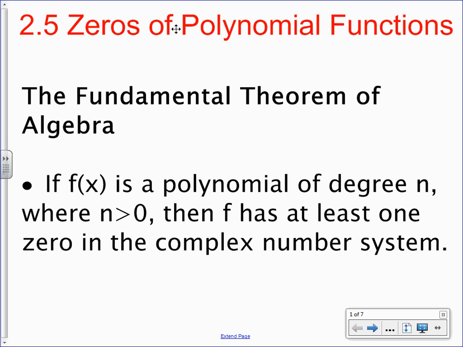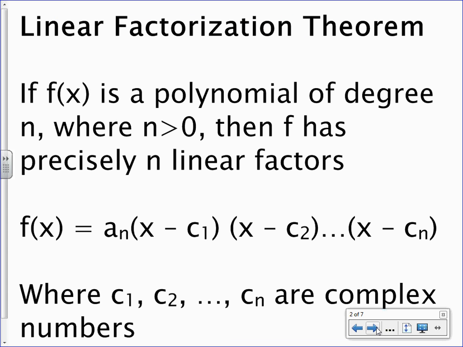Now, we have taken zeros and we have written their factors, correct? If I say, hey, 2 and 5 are zeros, you know that x minus 2 and x minus 5 can be factors, correct? If we have an n-degree polynomial, we can write n linear factors.